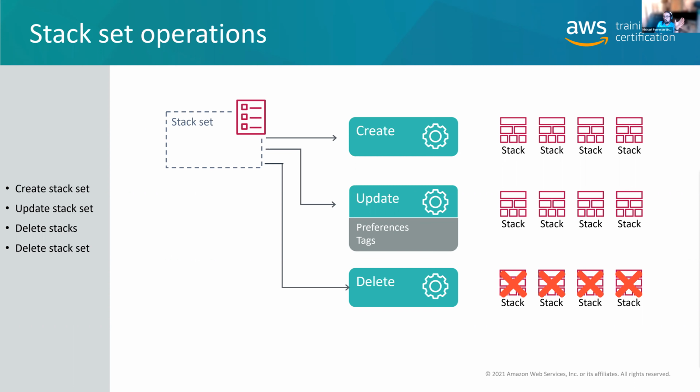So a stack set is a regional resource, by the way. So you have to push it. You have to go into other regions if you want to push it, right? So if you create a stack set in one region, you can't see it in other regions. They're region specific, right? Create, update, and delete, or delete the stack set.